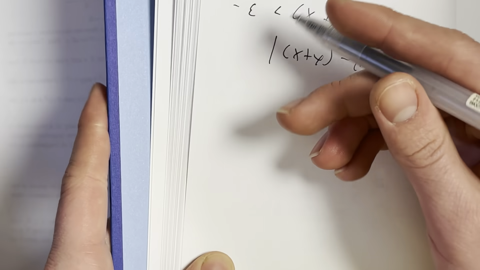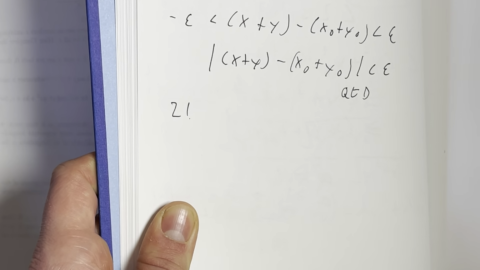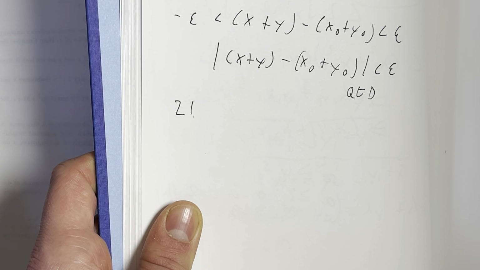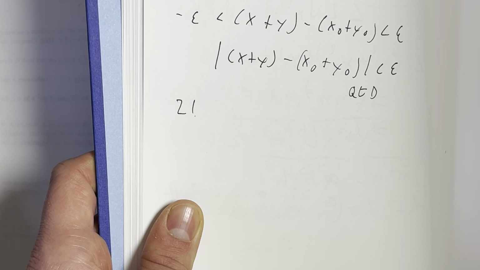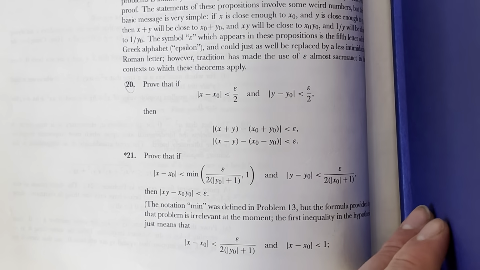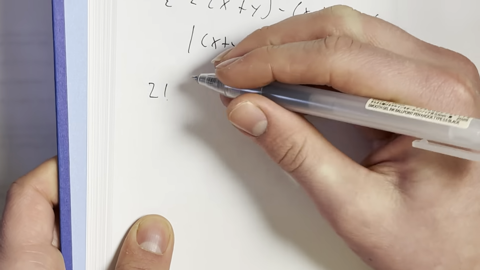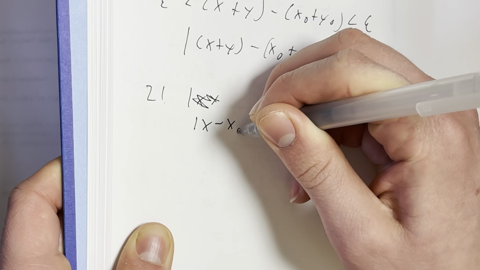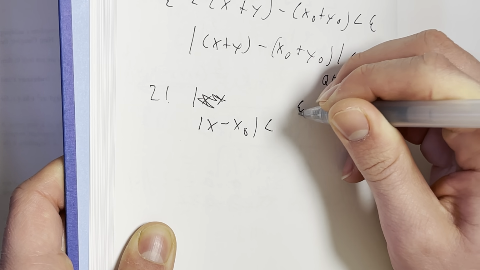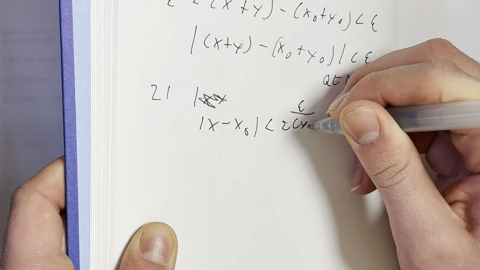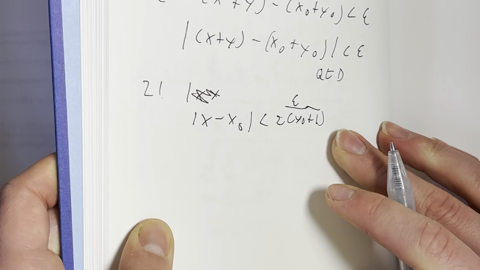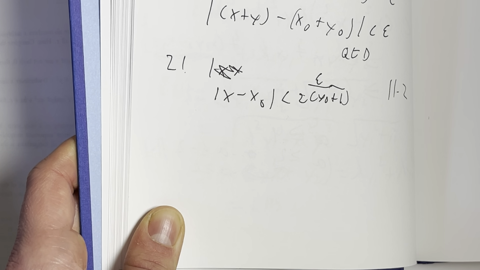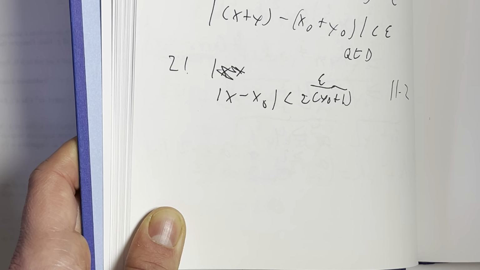And well, let's just start by typing. So we had x minus x0 less than epsilon over 2 times y0 plus 1. And well, let's multiply by 2 and also expand this to take the absolute values out.